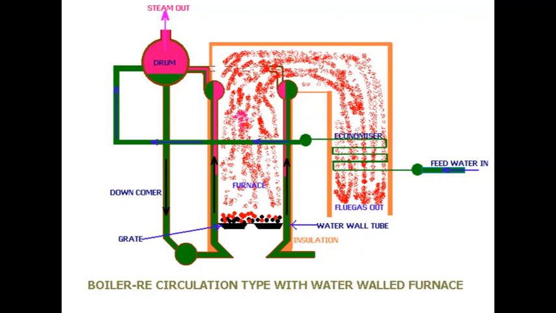There is a downcomer from the drum which takes out the water and passes it through the water wall tubes across the furnace, and again that water-steam mixture returns back to the drum, where there is separation of water from steam, and steam is taken out from the drum. This way, the recirculation type boiler developed with water wall furnace.